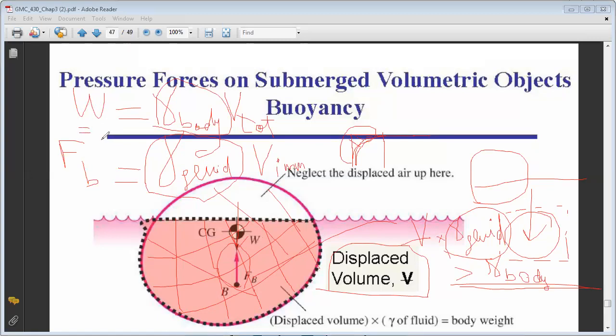So what will happen is that to reach equilibrium condition, since this term is larger than gamma body, the immersed volume will tend to be lower, because I will reduce the immersed volume until reaching the condition that gamma body times V total equals gamma fluid times immersed volume.